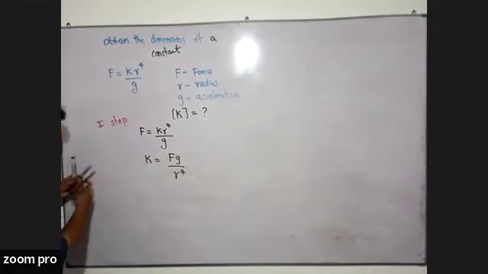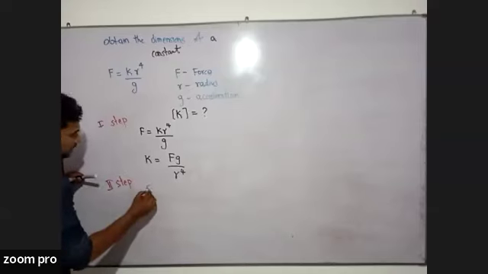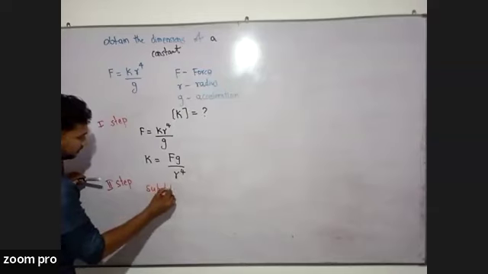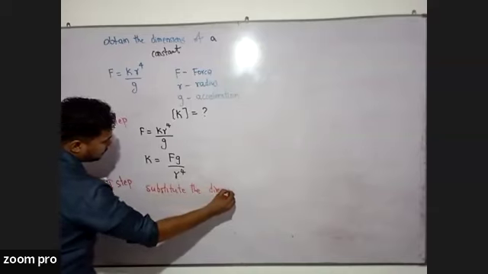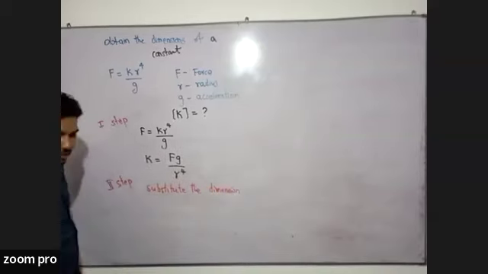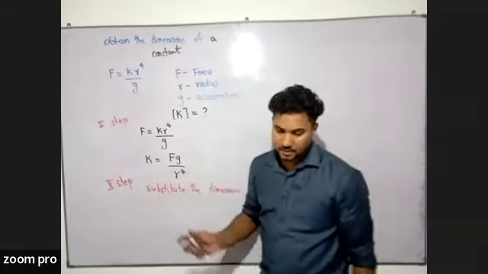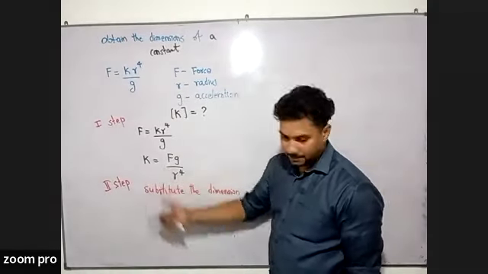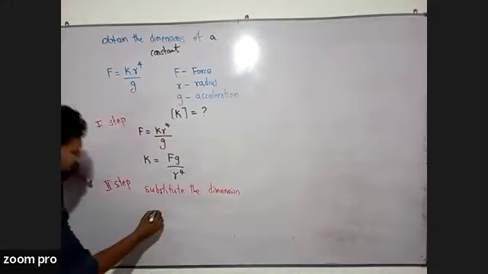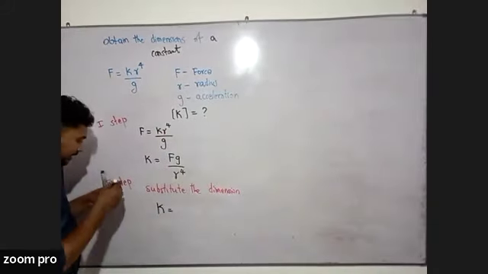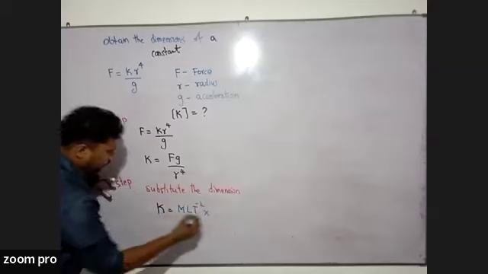Then the second step is to substitute the dimensions for the remaining physical quantities, except K. F means force, that means MLT minus 2.